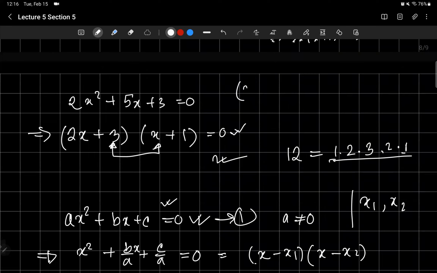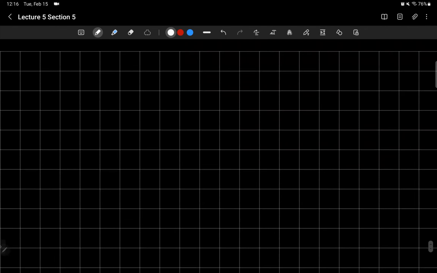যদি তোমার কখনো এরকম কিছু থাকে, আচ্ছা লেট মি গো টু a new page. So let's say x minus a times x minus b and so on.